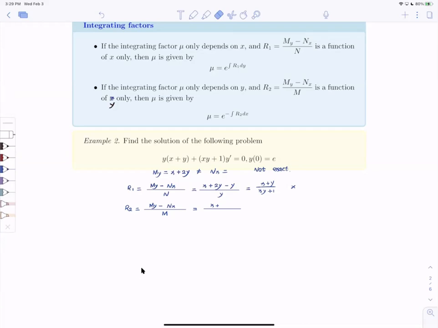Then you said x plus 2y, which is M_y, then minus y, which is N_x, over, it was supposed to be N, but you did N_x. Oh, I see. Yeah, sorry. Yep. xy plus 1. Yeah, yep.